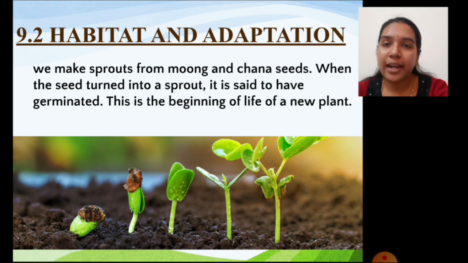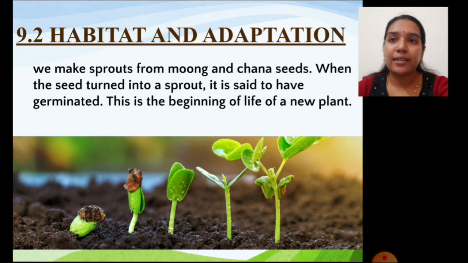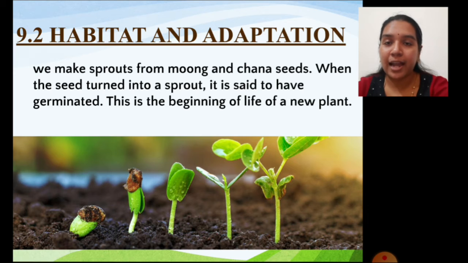The point at which a seed turns into a sprout is said to be the germination time. Once the seed germinates, it is the beginning of the life of a new plant. A seed germinates into a sprout, grows into a young sapling, develops into a young plant, which further grows into a tree.